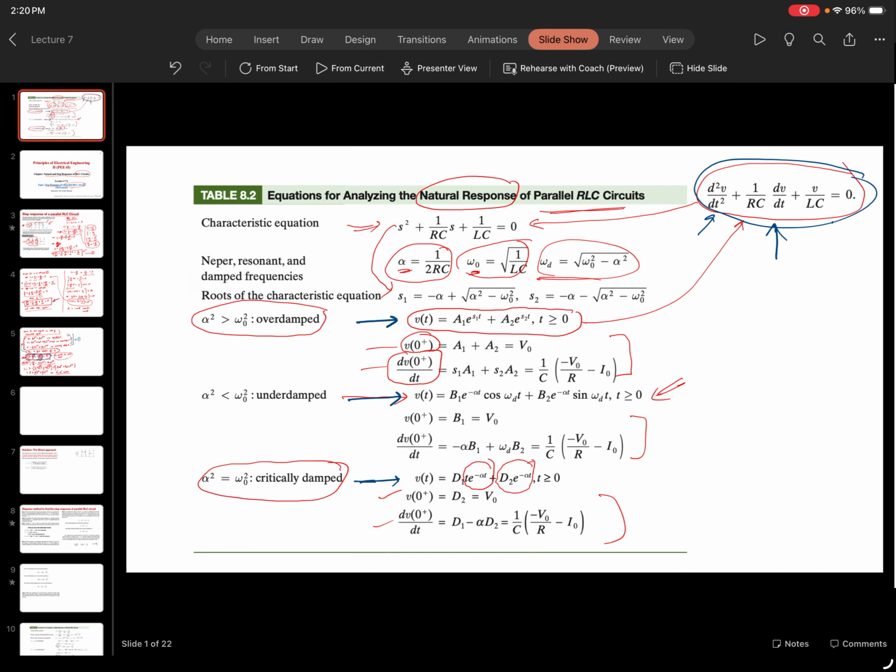Not from voltage, sorry, from current. Okay, so your IL comes out to be I plus A1 prime e raised to power S1t plus A2 prime e raised to power S2t, right? This is an overdamped case. And similarly, I'm going to write the other equations. IL comes out to be I. This is a DC source again.